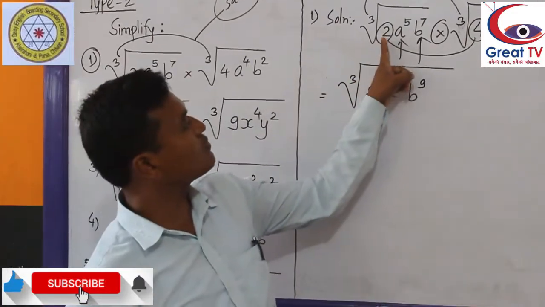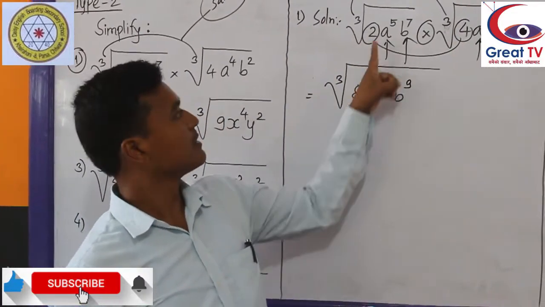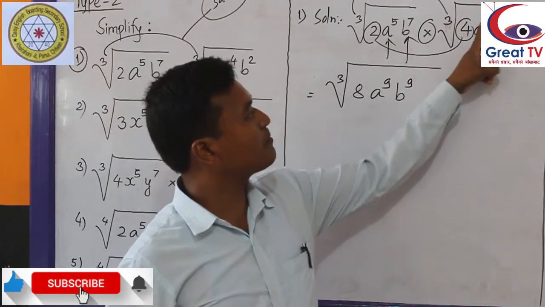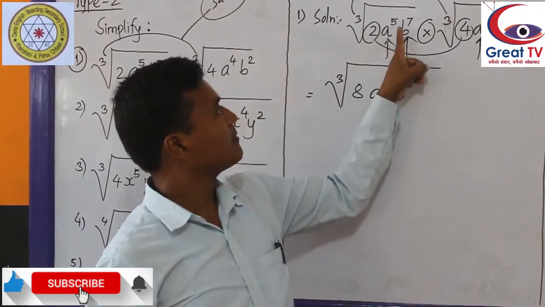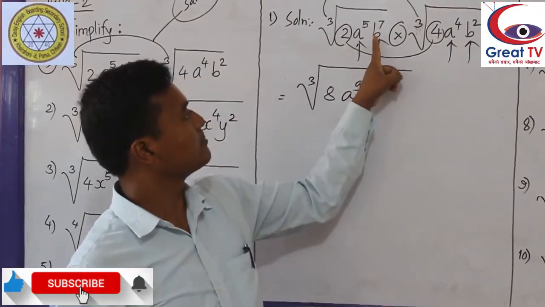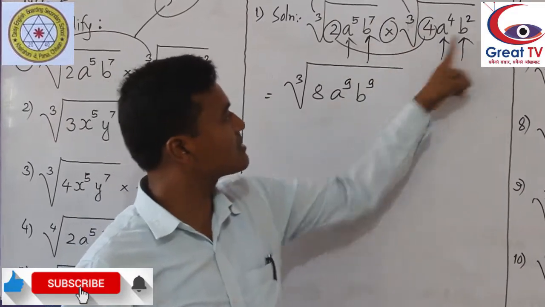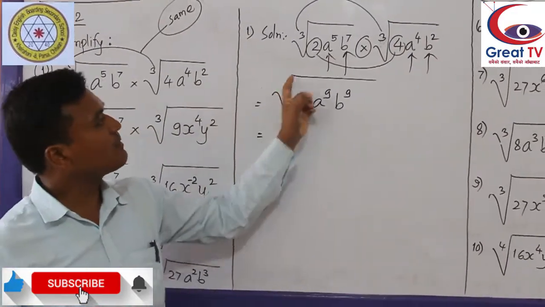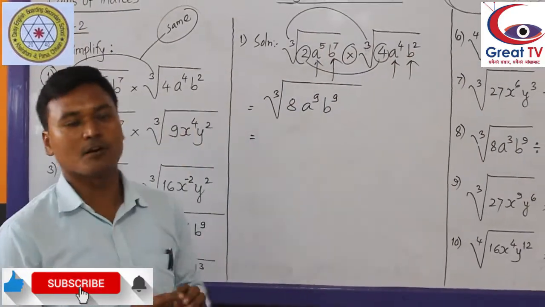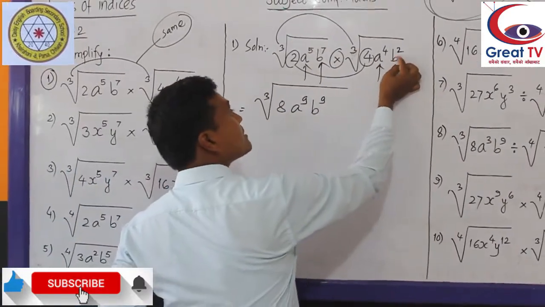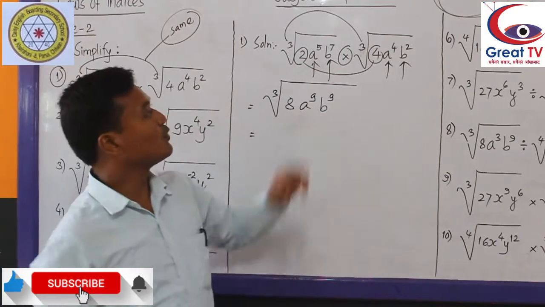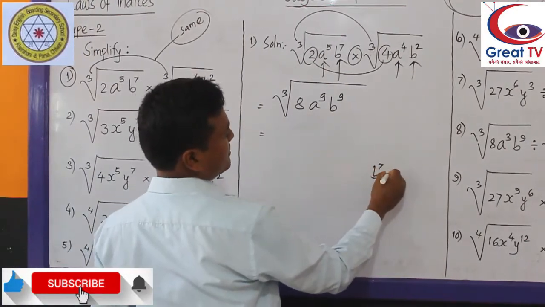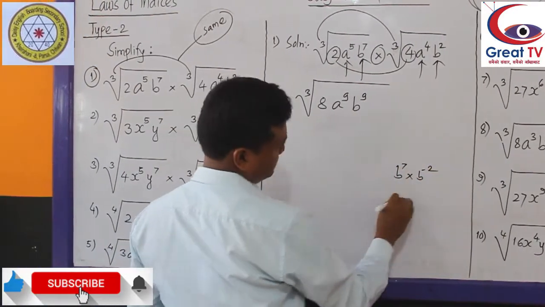I remember, 2 fours are 8. A to the power 5 times a to the power 4, the same base, 5 plus 4 is 9. B the same base, 7 plus 2 is 9. After this, my dear students, somewhere maybe there is a negative power. If the power of b is minus 2, you can use the rule b to the power 7 times b to the power minus 2.